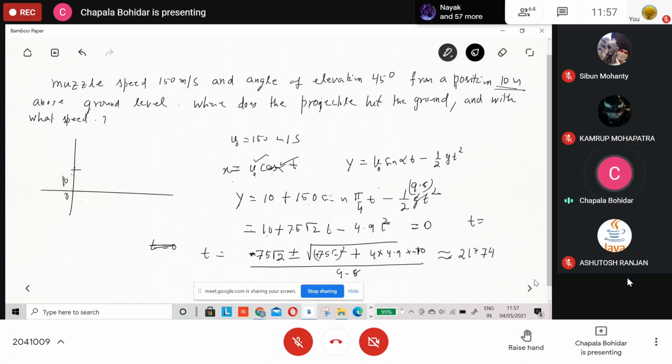Okay. So now the value of x you can find out. Value of x is equal to, what is your formula? x is this one. Find out. t is given, so it is 150 cos alpha. Cos alpha 1 by root 2. So we get 75 root 2 times 1 by root 2.